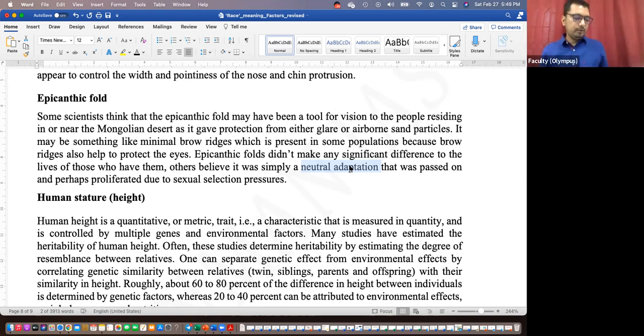This is some idea about genetics or environment playing a role in some selected characteristics. In case you get a question on the contribution of genes and environment towards it, talk about them. Eye and skin color, talk about human height, discuss the various components of hair texture, eye color, head size, etc., and nose shape. Okay.